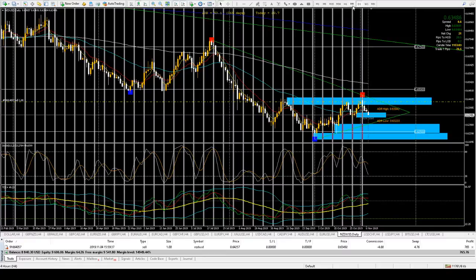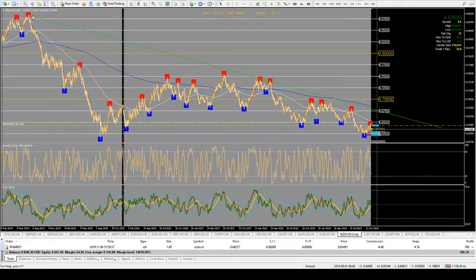That's going to allow us to stay in the trade longer and also possibly catch more pips. So again, you saw based on the daily, we are in an overall downtrend. That's the overall trend.